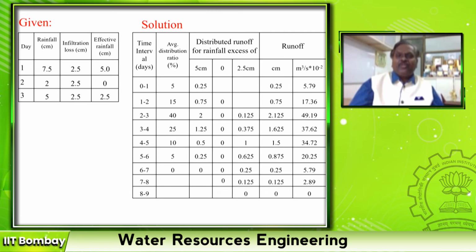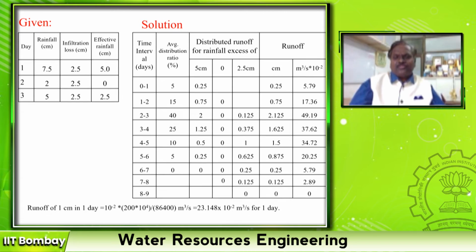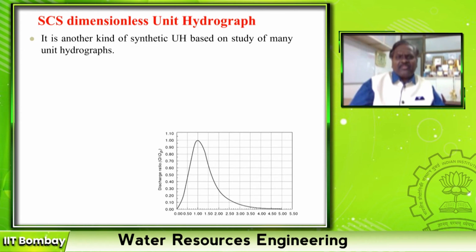That will give you meter cube per second. Okay. So that is how we estimate the runoff from the distribution graph. So I have given a sample calculation at the end. So this is the use of distribution graph.